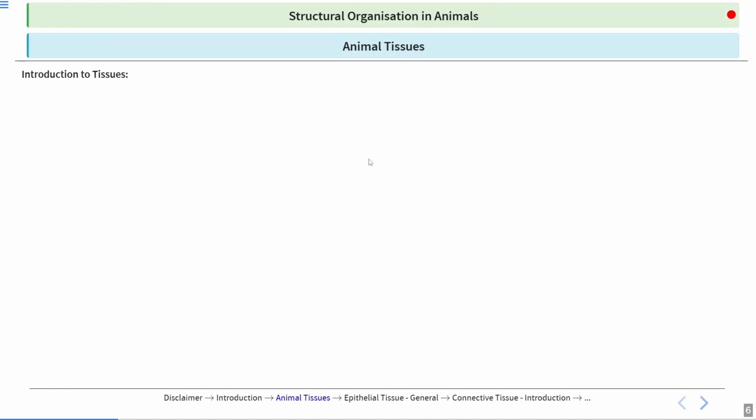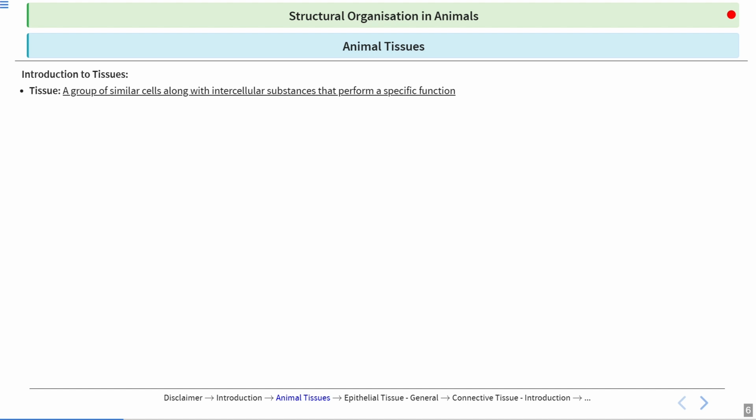Now we will talk about animal tissue. Tissue: a group of similar cells along with the intercellular substances that perform a specific function. So they have different intercellular substances inside. Intercellular substances means the cell is made up of many things. They have the nucleus, they have the cytoplasm, right?